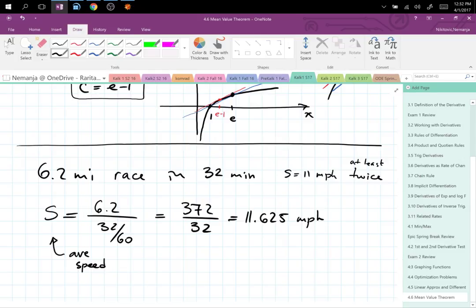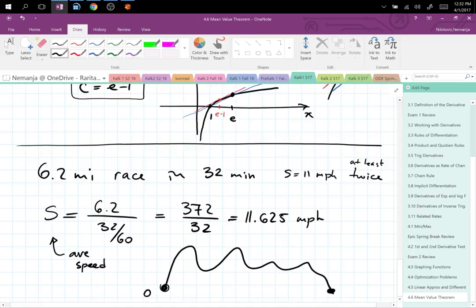That means, and I don't know how the graph for the speed looks, it can look like whatever, but it's eventually going to stop, right? So if you start at 0, and let's say the fastest this person ever ran was 13 miles per hour, it hit 11 here and on its way down.